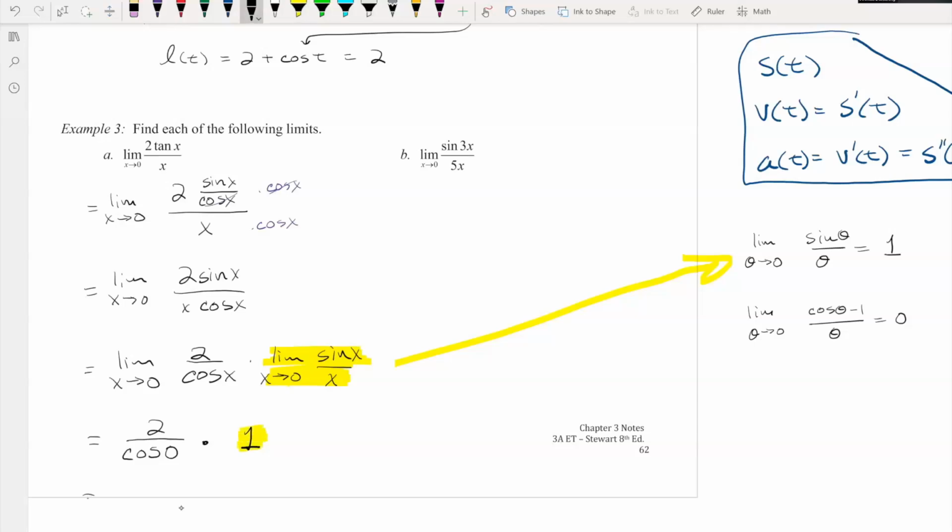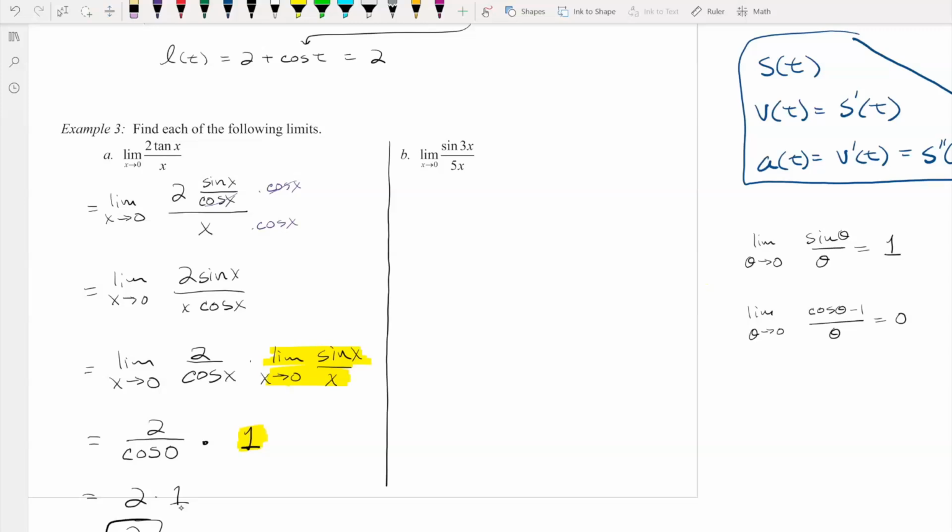So this is really 2 times 1, or just plain 2. So these are limit problems that we couldn't do before because we didn't have these two special limits that we can substitute in. All right.